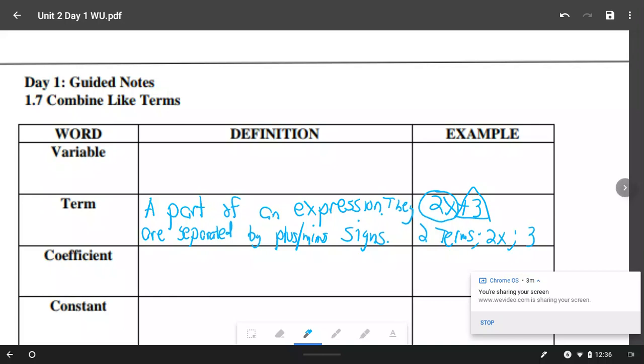And then we have coefficients next. This is the number in front slash attached to a variable.